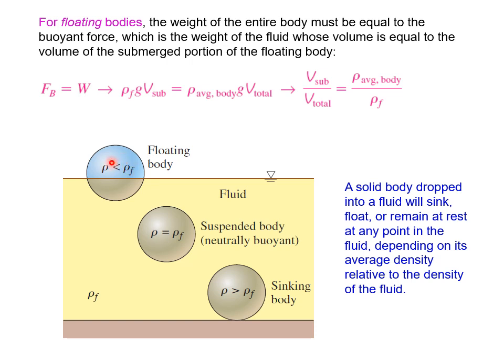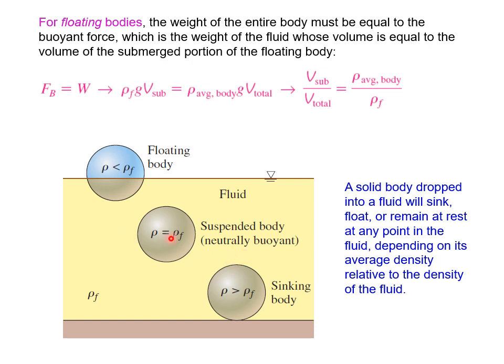But if you take that steel and you pound it out into thin sheets and fold it up and make a steel ship out of it, even though the density of steel is greater than the density of water, it'll still float, because what you've done is you've taken some of the overall volume that was steel and made it into basically air. So you talk about the average density, and you have to be careful using this formula. You can get steel ships that float. But if you have a piece of solid steel, then yeah, it's going to sink to the bottom.